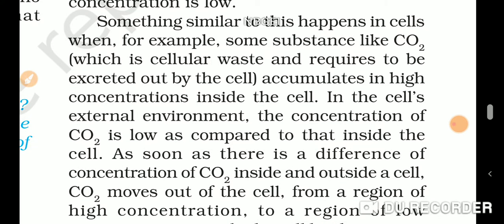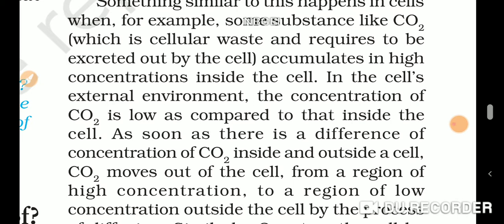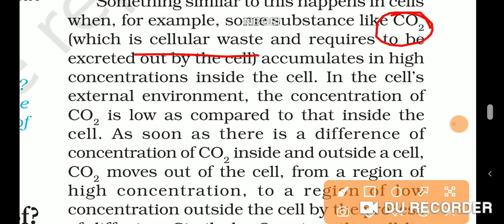For example, we can take CO2, that is carbon dioxide, which is a cellular waste. CO2 inside the cell is a cellular waste which requires to be excreted out of the cell, and it accumulates in high concentration in the cell. Whenever the cell synthesizes or respires, the carbon dioxide quantity is higher.